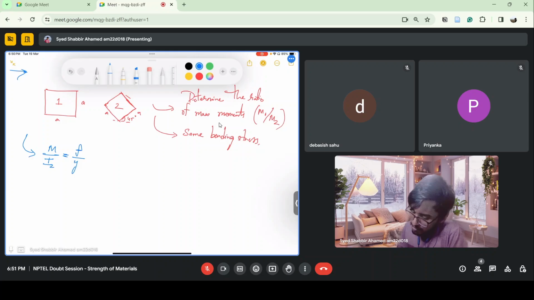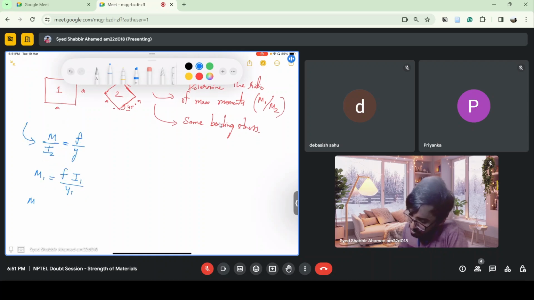So for section 1, M1 is F into I1 divided by Y1, and for section 2, the bending stress is the same, so M2 is F into I2 divided by Y2.